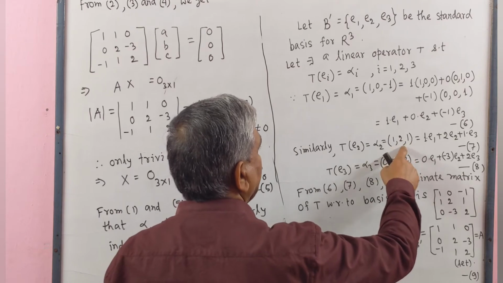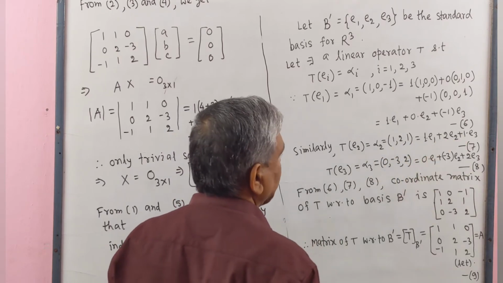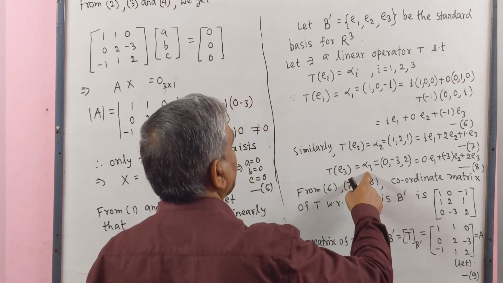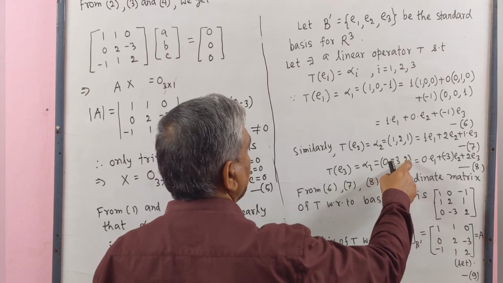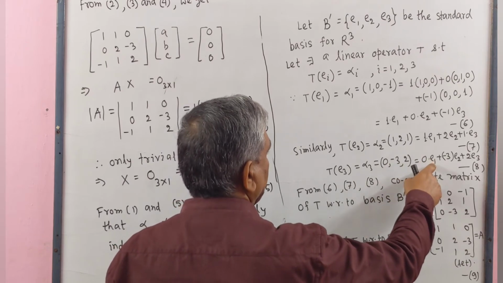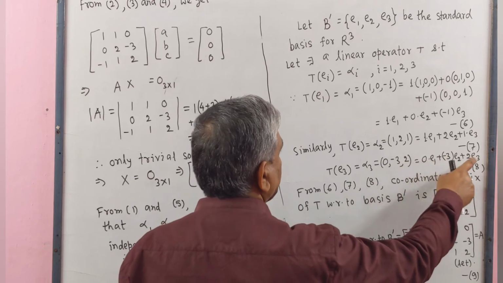We may write this as 1 E1 plus 2 E2 plus 1 E3. This is number 7. T E3 equal to alpha 3. Alpha 3 is the ordered triplet (0, -3, 2). We may write this as 0 E1 plus minus 3 E2 plus 2 E3.